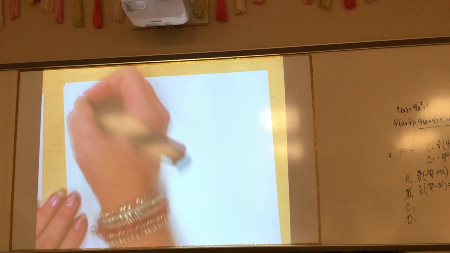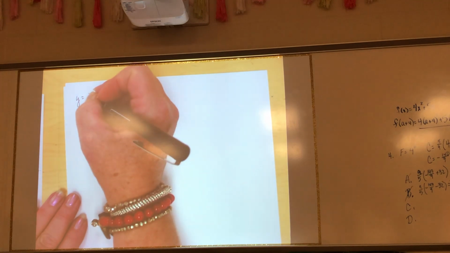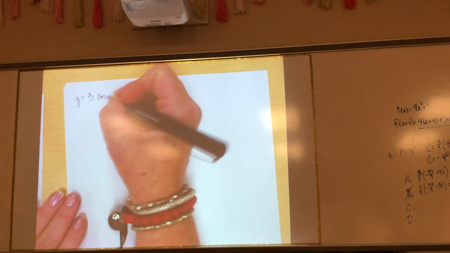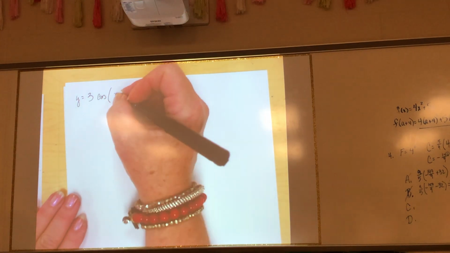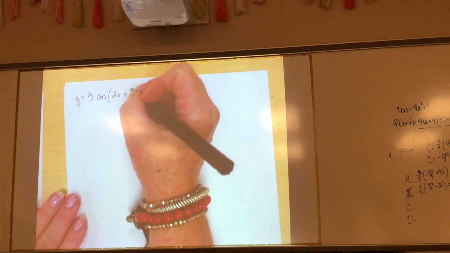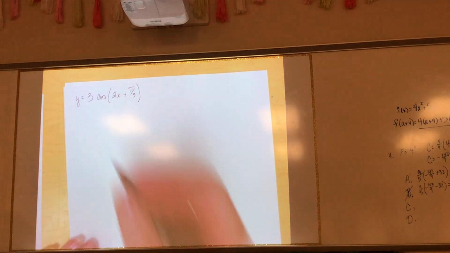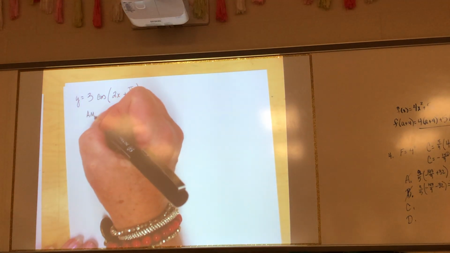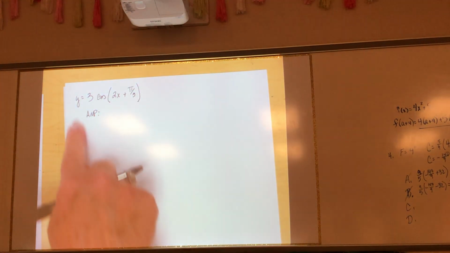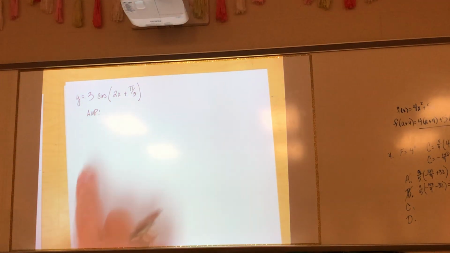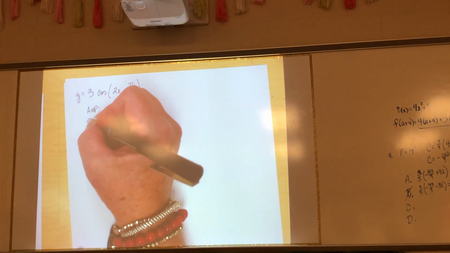All right, so here we go. Are you ready? Here's your problem. Y is equal to 3 cosine, open parentheses, 2x plus pi/3. We're gonna find the amplitude. Remember to leave just a little bit of space over here on the left, because you have to do a little work.